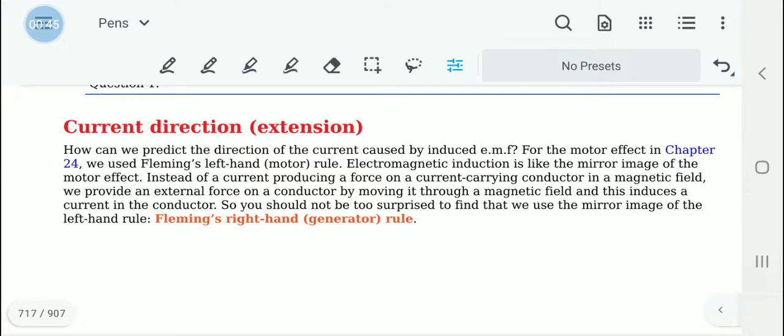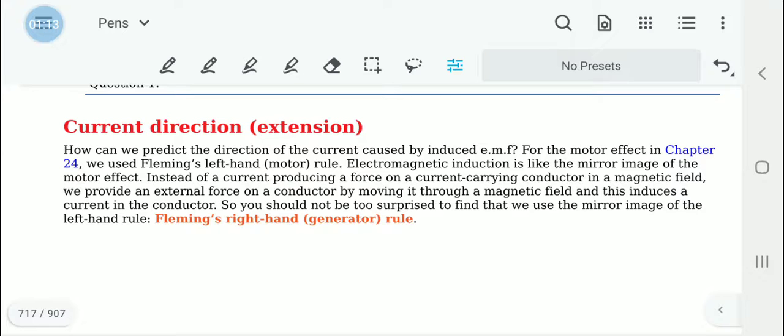That force was made on a current carrying conductor in a magnetic field. Now what happens is we provide an external force on a conductor which makes it move across the field, and that induces a current in the conductor.